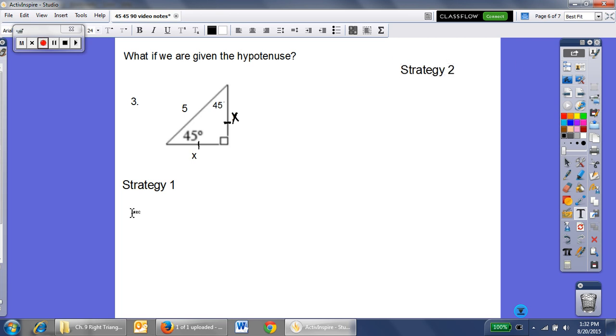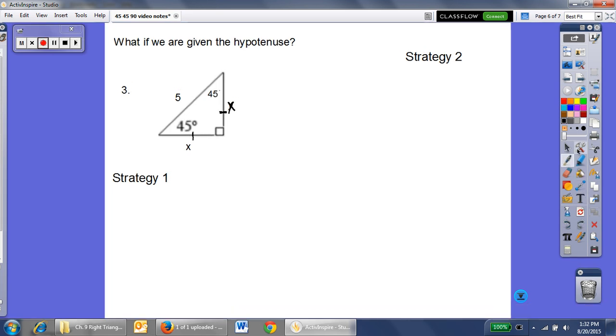So for strategy 1, you just use the Pythagorean theorem. There's nothing new here. Both of these are the same variable, so we have x squared plus x squared equals 5 squared. X squared plus x squared is 2x squared, and 5 squared is 25. I need to divide by 2 on both sides, so I get x squared equals 25 divided by 2.